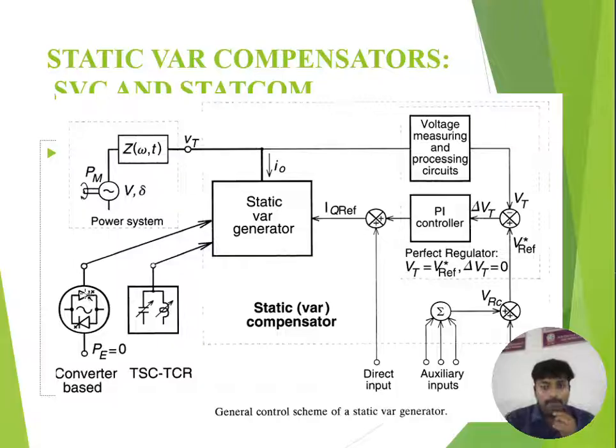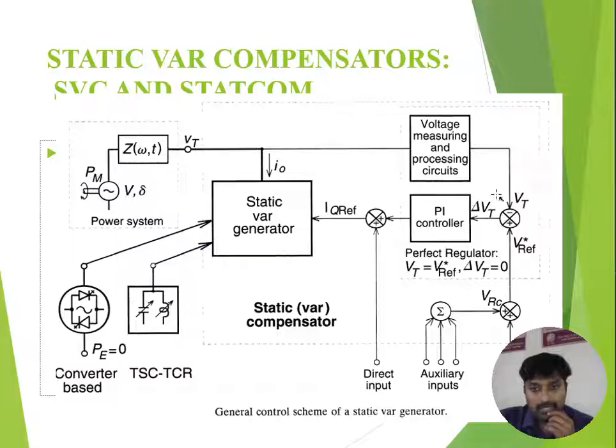here, this is representing a generating station along with the transmission line. These are the impedance of the transmission line, and this is representing the terminal voltage VT. This can be measured here and compared with the reference voltage.